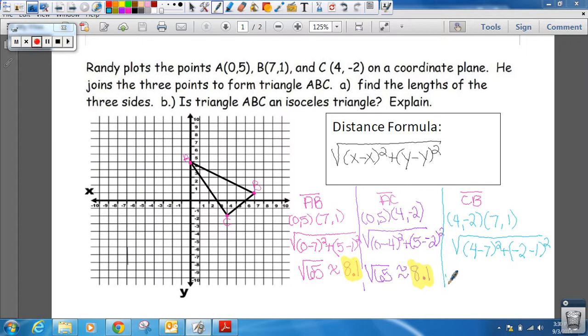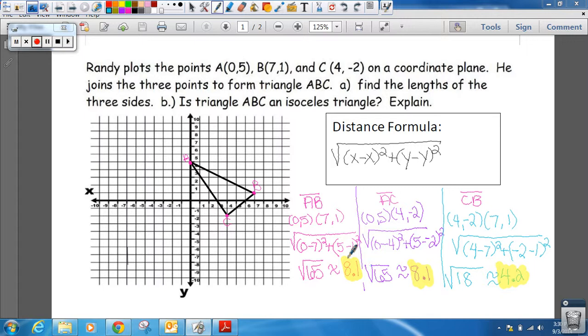To get my exact, I just put the inside part into my calculator, and it gives me that this is exactly the square root of 18. Put that in my calculator, and it tells me it's approximately 4.2 units. If I look over there, it makes sense that this is a smaller number because in my drawing it does appear smaller.